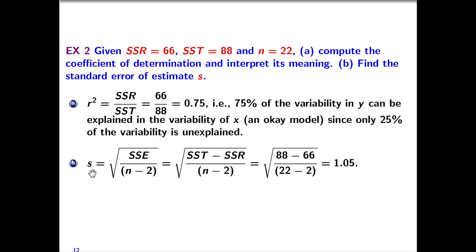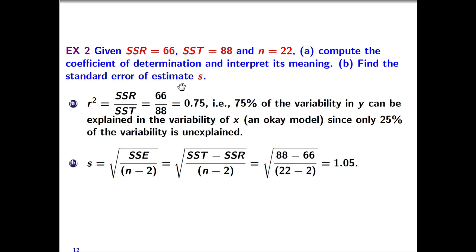And the next one, we need to find S, or the standard error of estimate, which by using equation 14.16 is the square root of SSE over n minus 2. Now, we do not have SSE, but we have SST and SSR.